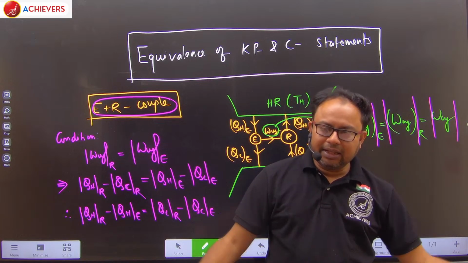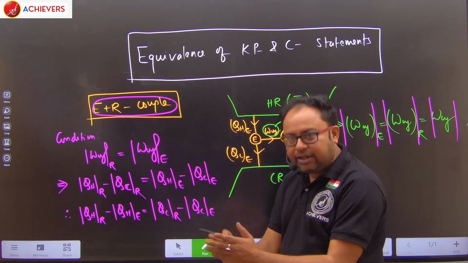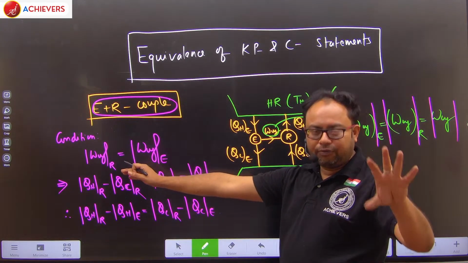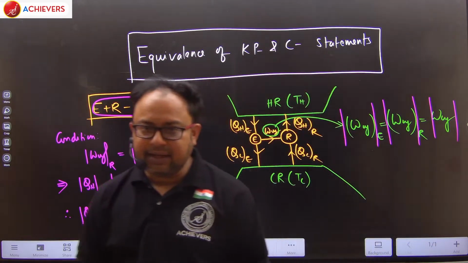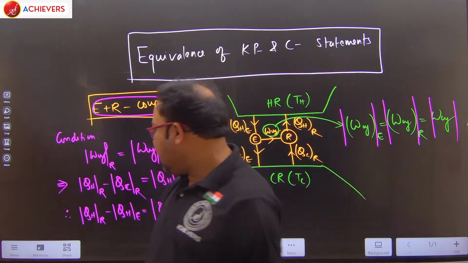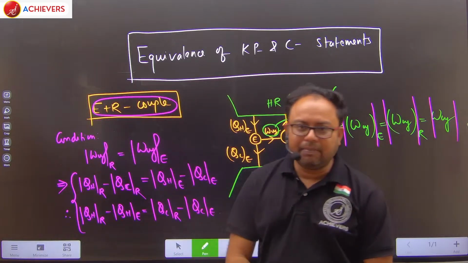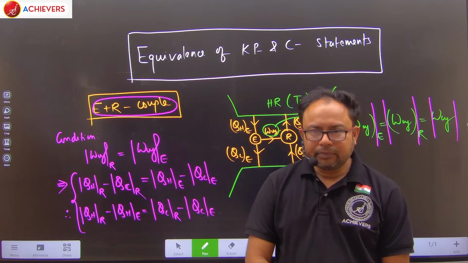So in this way, they are getting coupled together, and the condition of coupling is that the cyclic work of the refrigerator is equal to the cyclic work of the engine in terms of their magnitude. And this leads to such important mathematical conclusions.